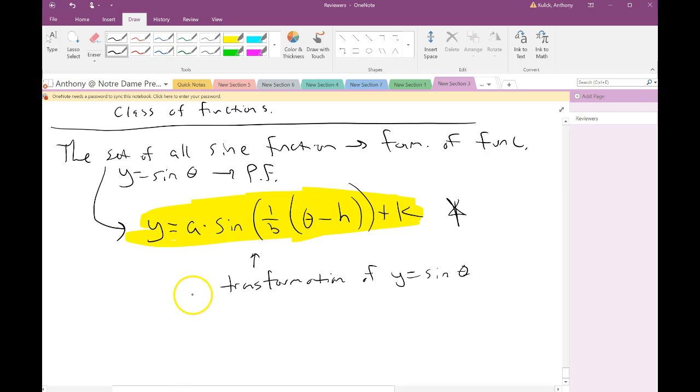What we can say is, if I start with the parent function, I can take any point on that parent function and transform it into another function.